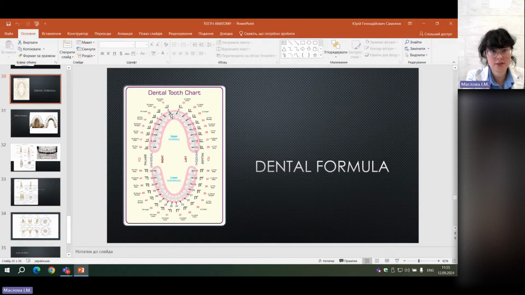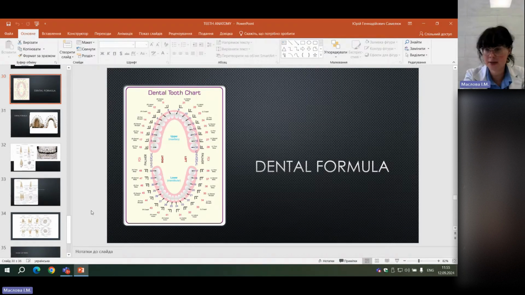The first incisor is the first tooth, the second incisor the second, the canine the third tooth on the half of the jaw, the first premolar the fourth tooth, the second premolar the fifth tooth, the first molar the sixth tooth, the second molar the seventh tooth, and the third molar the eighth tooth.